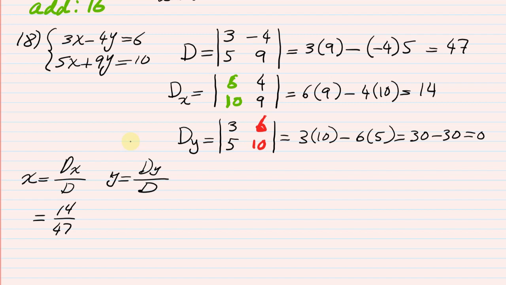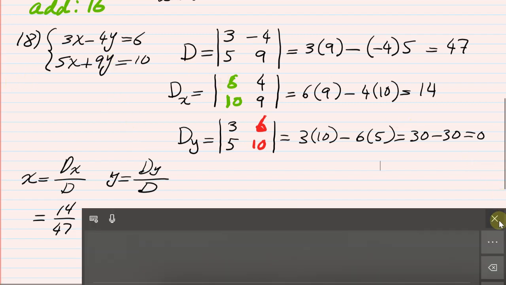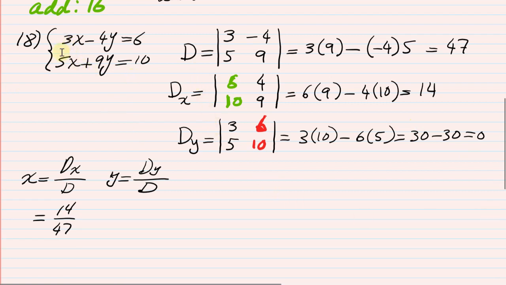Let me make sure that I copied the problem right. Yeah, I did. So D again, I just want to review. Anytime I get a fraction, I double check to see if there's something I made a mistake on. So remember, let's recap. Dx means you throw away the x column. So D is 3, 5, negative 4, 9. Dx is going to be 6, 10, negative 4.